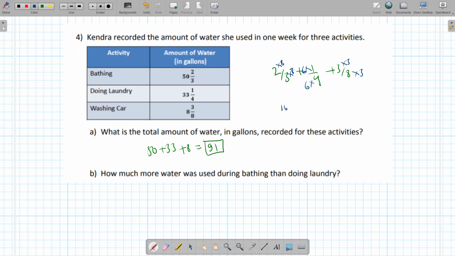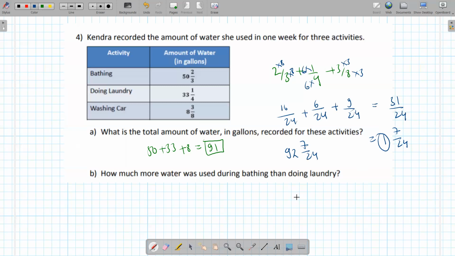So we get 16 over 24 plus 6 over 24 plus 9 over 24. That's 22, plus 9 is 31 over 24. And this is 1 and 7 over 24. So you add the whole number with this. It becomes 92 and 7 over 24. So we can do it this way as well, right?